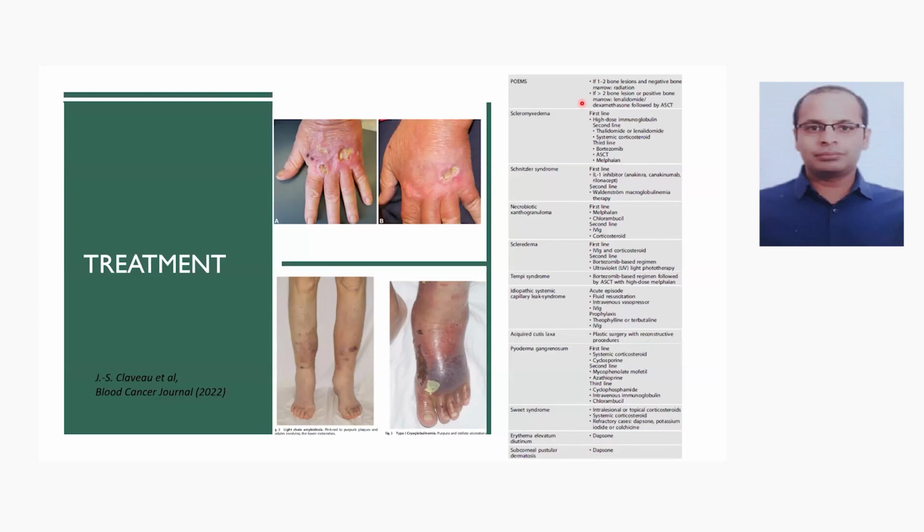For Schnitzler syndrome, these are mediated by IL-1, so IL-1 inhibitors like anakinra are very commonly used. Others like scleredema, bortezomib-based treatment, IVIG are used. For TEMPI, bortezomib-based treatment. And for the rest of the other disorders which have uncommon or less common association with MGUS, symptomatic treatment is given. Usually these are managed, the lower half syndromes are managed by a dermatologist and the upper half by the hematologist or oncologist.